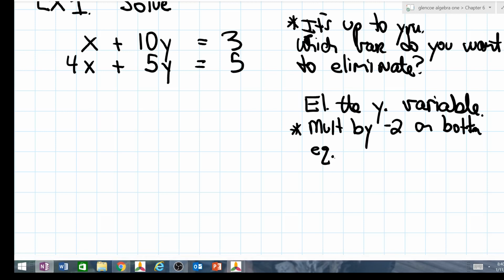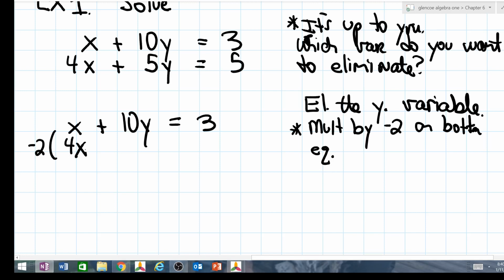Then I can add or subtract. Add. So here we go. Let's rewrite it. x plus 10y equals 3, and -2 times 4x plus 5y equals 5.